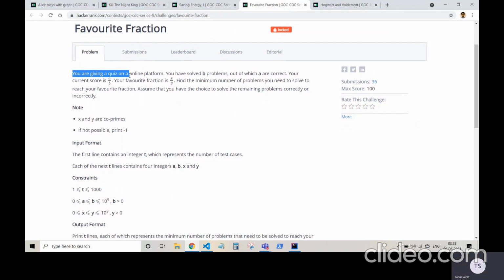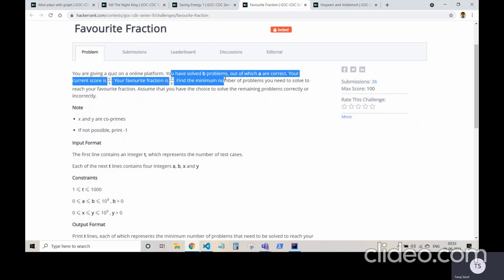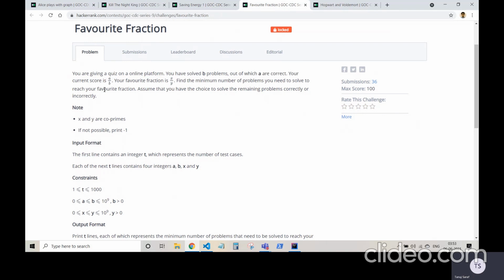You are given a quiz on an online platform, and till now you have solved B number of problems. Out of these B problems, you have solved A of them correctly. So your current score is A by B, the fraction A divided by B. And they are saying that your favorite fraction is X by Y. So we have to find the minimum number of problems that we need to solve to reach the favorite fraction.